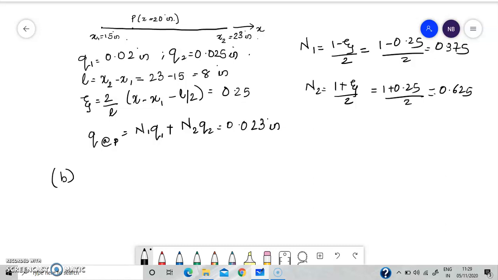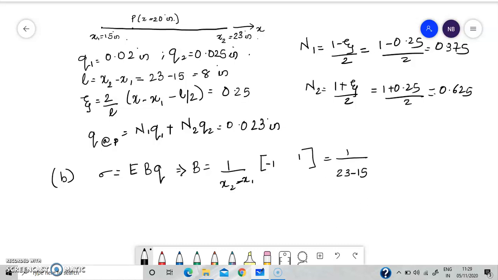In part 2 we are asked to find out the stress and the strain. The stress of a bar element is given by E B into Q. B can be written as 1 upon x2 minus x1 times minus 1, 1. x2 is 23, x1 is 15, so this is 1 by 8 times minus 1, 1.